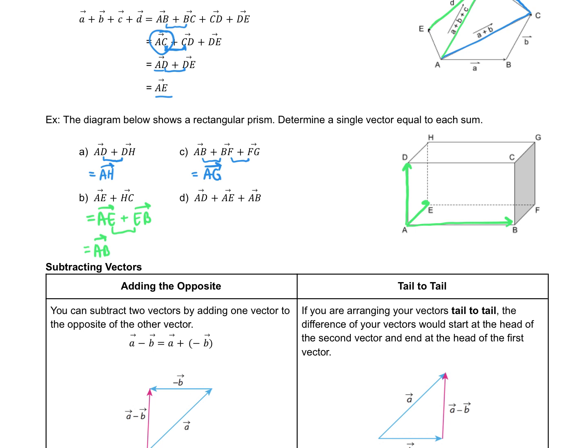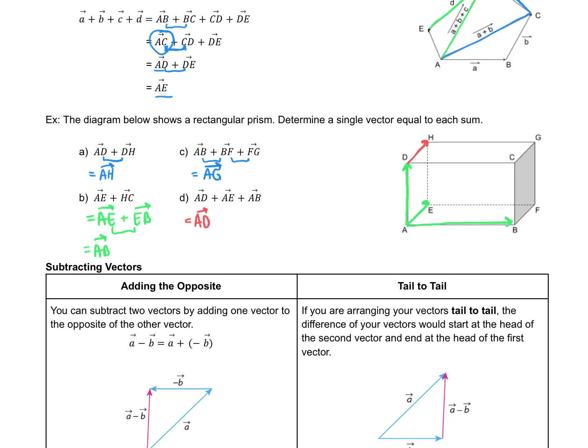Now there's different ways we can do this. One way is to find equal vectors so that all of my vectors are lined up head to tail, and then I can use that commutative property. So for example, I'll keep AD the way it is, but vector AE, I can instead write it as DH.